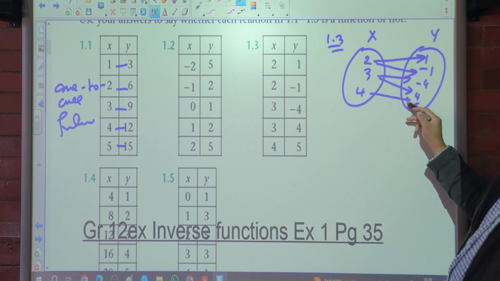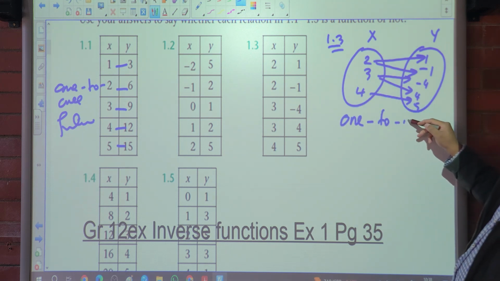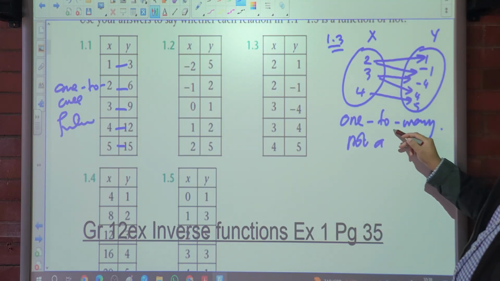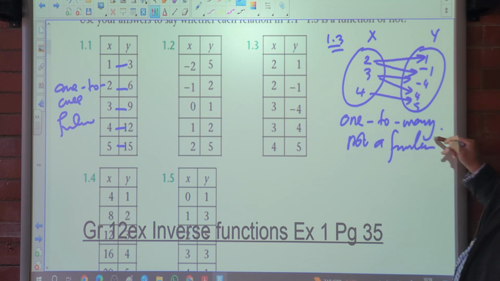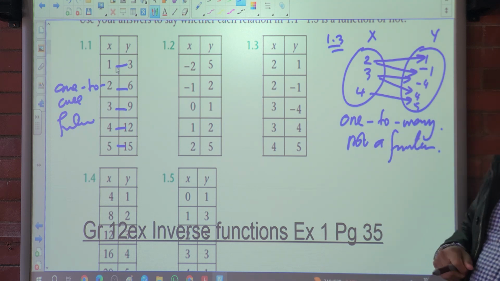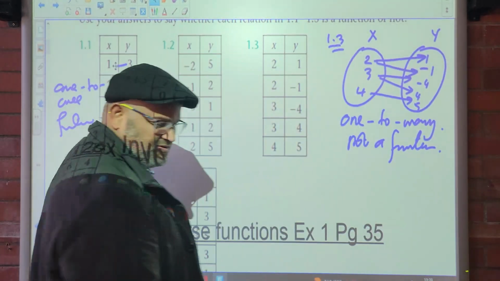And 4 maps with 5. So this is a one to many. And this is not a function. Or I can say it is a relation, a one to many relation. Okay. It's fairly simple.